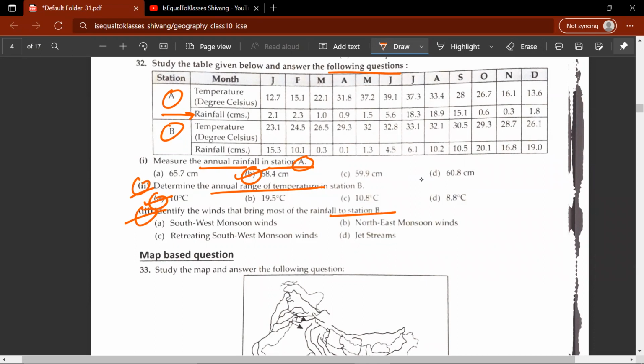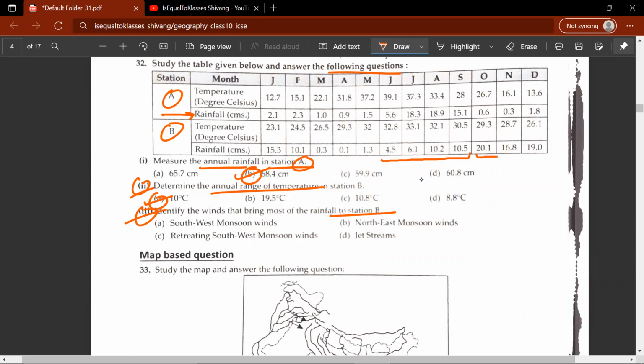Okay, so you have to look at the rainfall carefully. If you look at the rainfall in centimeters of July, August, September, usually let's include June also, you have 4.5, 6.1, 10.2, 10.5. So this is quite suspicious because it doesn't have rain during the rainy months. But if you look at the winter seasons, October is not winter, but let's just include it.